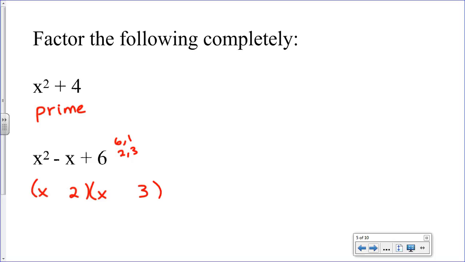They have to be both negative or both positive. So I'm taking negative because of the minus x. My outer is negative 3x, and the inner is negative 2x. Does that give me negative x? No. What if I did this? Would that give me a negative x? No. Okay. So it's not 2 and 3.